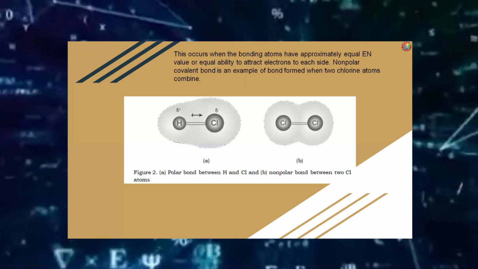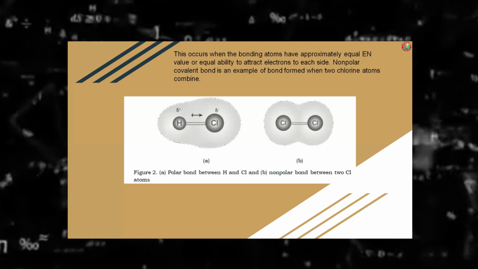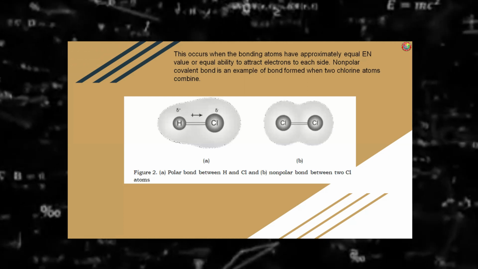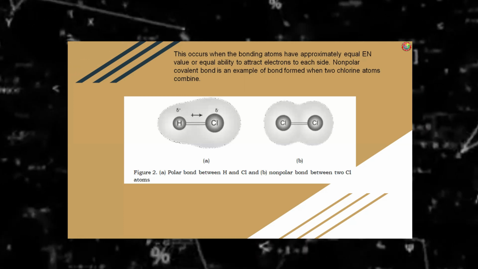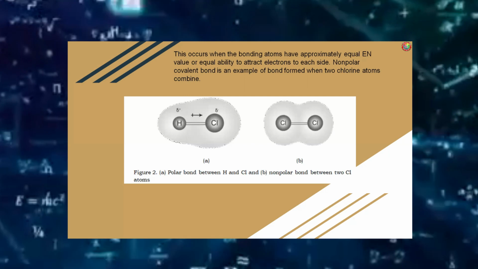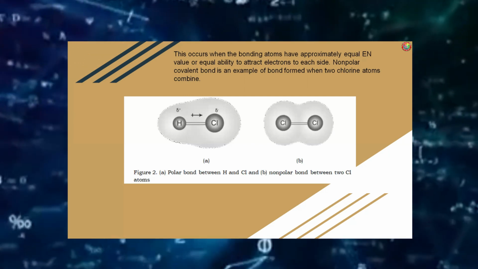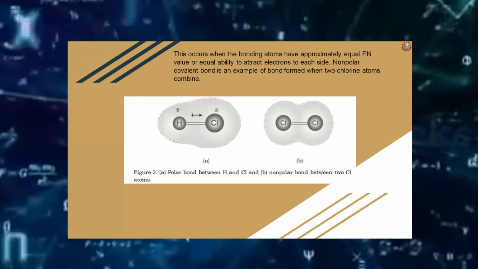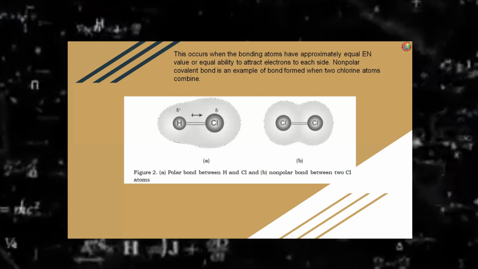Since none of the atoms is more electronegative than the other, the bonding electrons are shared equally. So it's non-polar. For letter A, it's polar because chlorine is more electronegative than hydrogen.